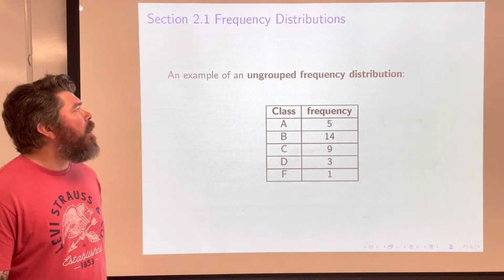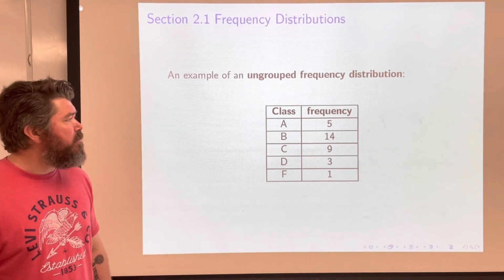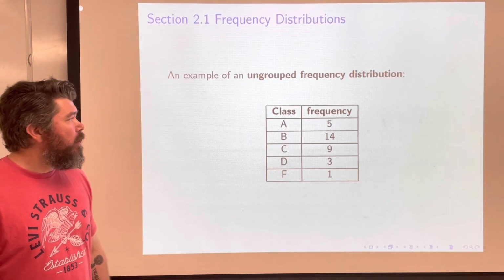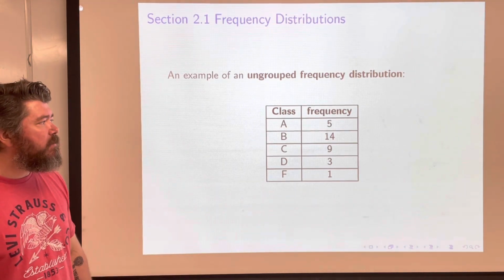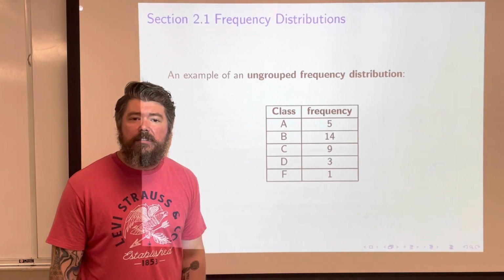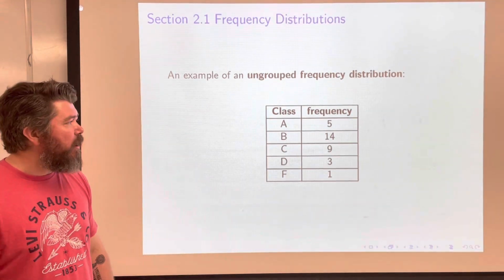An example of an ungrouped frequency distribution is the following. We have grades that students can receive in a class and the number of students that have received each grade.